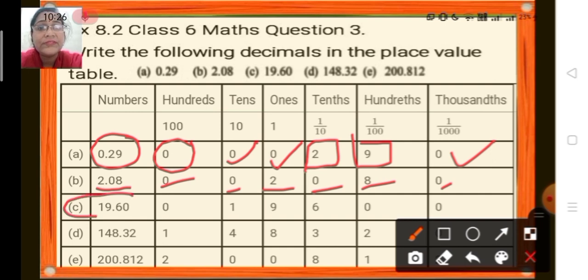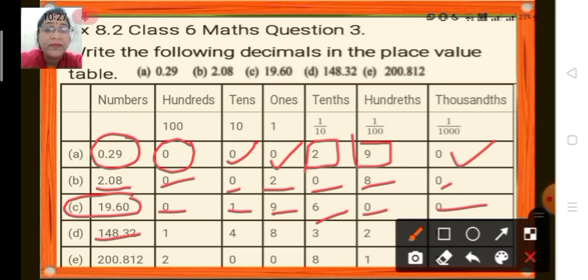Next question is C. In that given decimal is 19.60. 19.60 means here 1 ten, 9 ones, then 6 tenths and 0 hundredths, and remaining digit we will put 0.